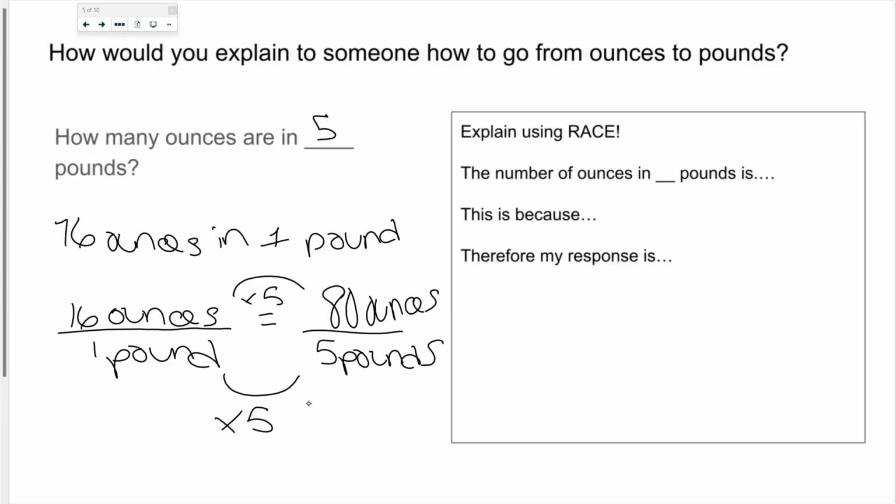Because if we multiply the pounds by 5, we have to multiply the ounces by 5. So the number of ounces in 5 pounds is 80. This is because 16 ounces for 1 pound times 5 is 80 ounces for 5 pounds. Therefore, my response is 80. All right, let's keep going.